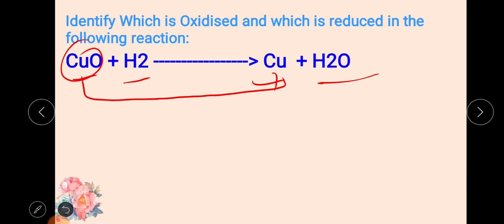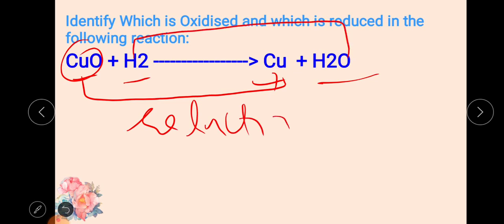So here, is it reduced or oxidized? Removal of oxygen is nothing but reduction. Hydrogen gains oxygen. We know that removal of oxygen is reduction, and gaining of oxygen is oxidation.